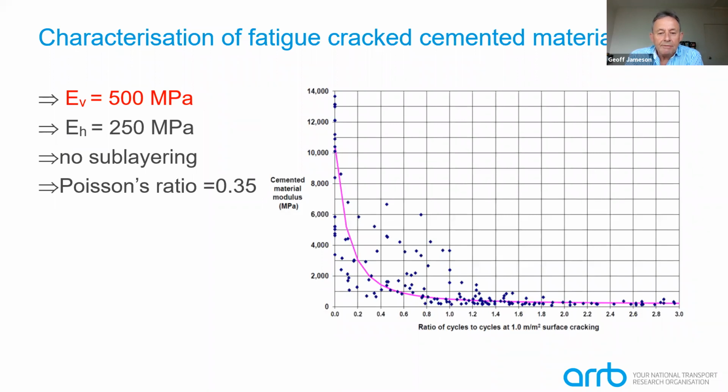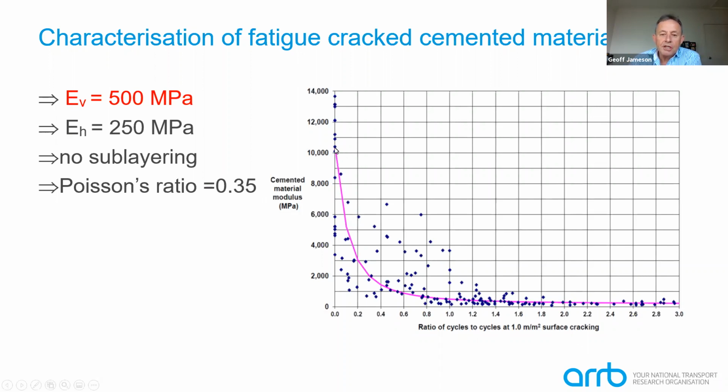And that sort of information about the design modulus in the crack state was developed from results like shown in the graph here from some of the accelerated loading testing that we've done, where you can see on the vertical axis is the modulus of the material that we back calculated along test pavement sections, and on the horizontal axis is the number of loading cycles to surface cracking, just the beginnings of surface cracking.